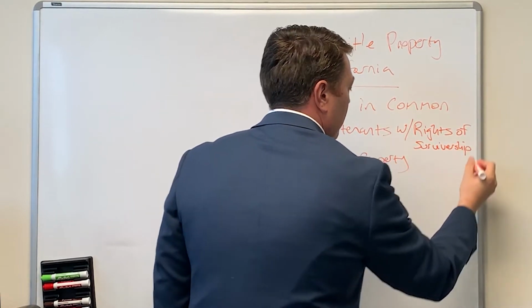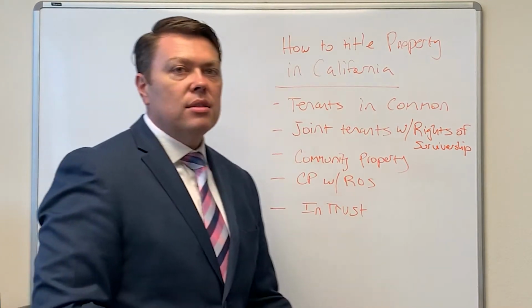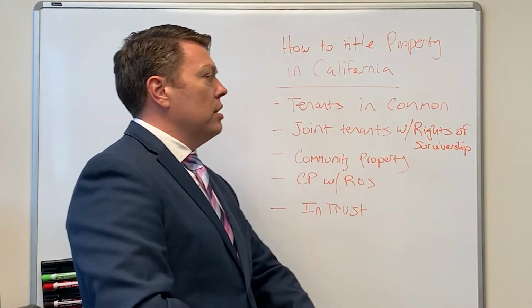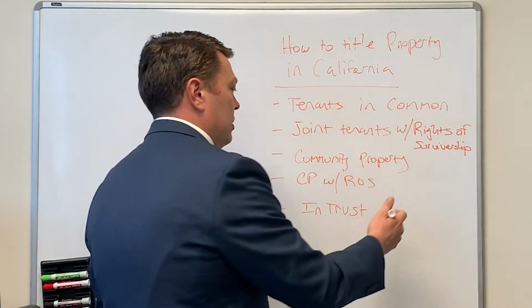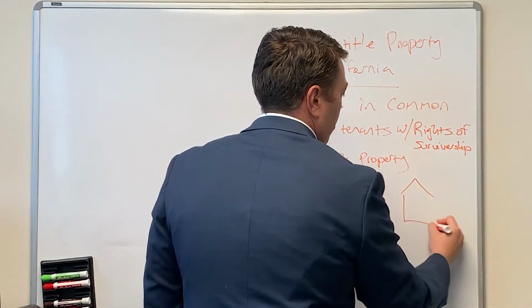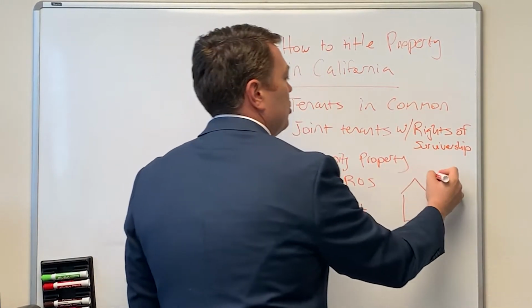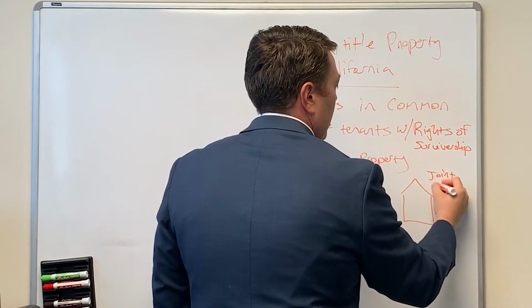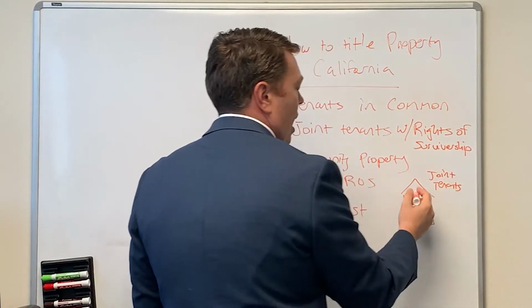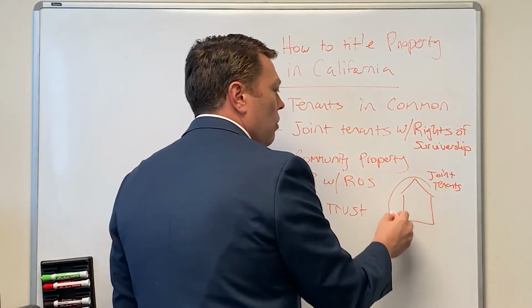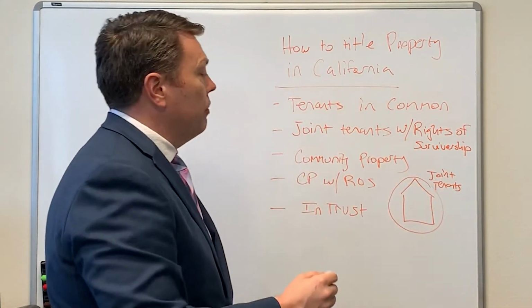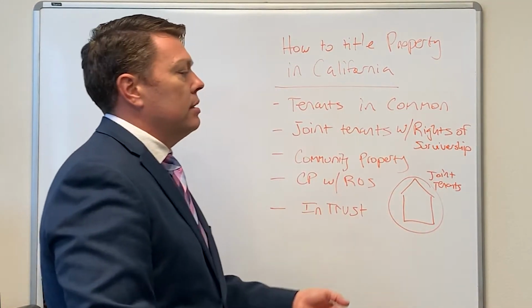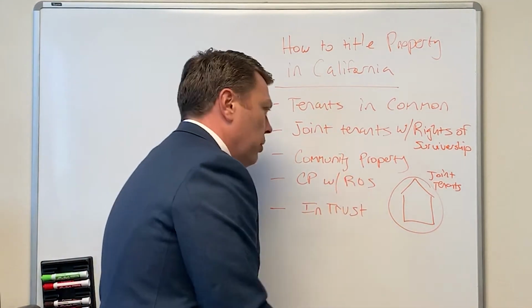And rights of survivorship means if you pass away, your portion of that property goes to the surviving person. So if you hold that property again, but now you hold it as joint tenants, instead of you each owning half, both of you own all of it. If you and your brother own property as joint tenants, then each of you owns the whole.